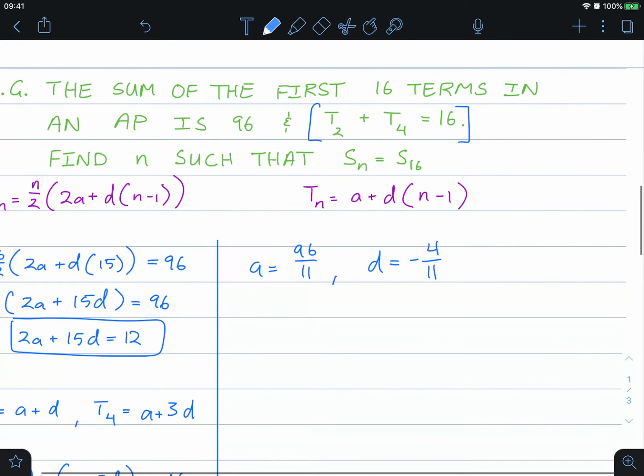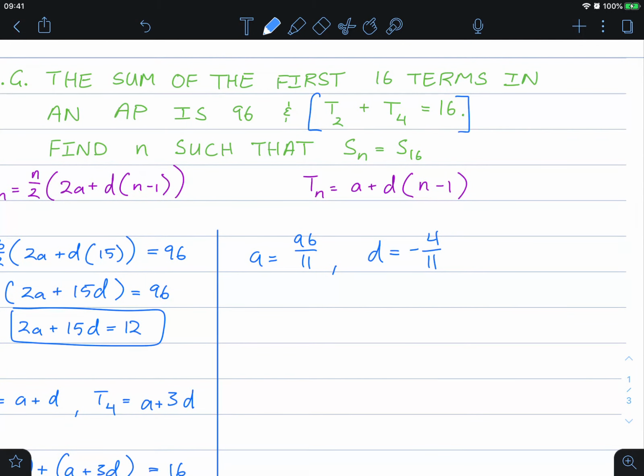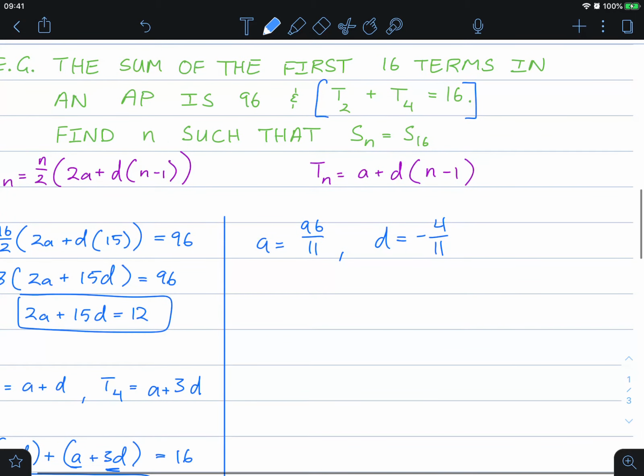So this is implying that we have a different sum equaling s of 16. Okay, so s of 16, we saw was equal to 96. So let's find an expression for this sum that equals 96.